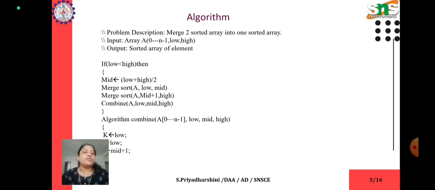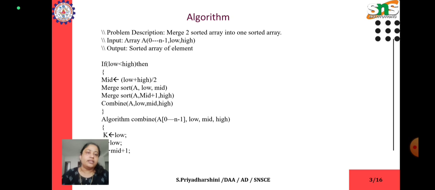The index starts at low and the index ends at high. So we have an array with low and high as indices. We represent the array as A of low comma high, which is the input. The output would be the sorted array of the elements.